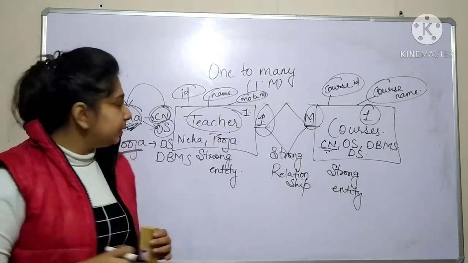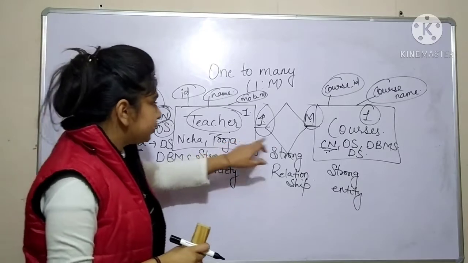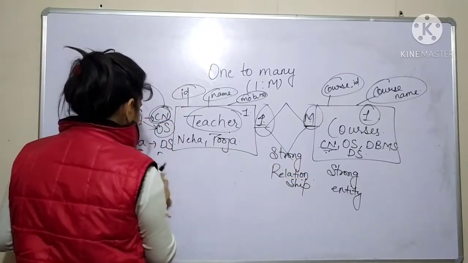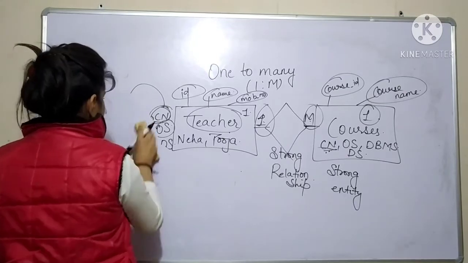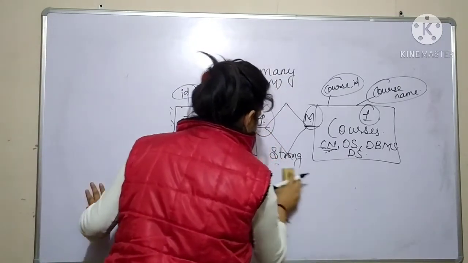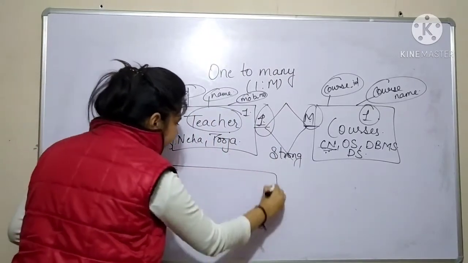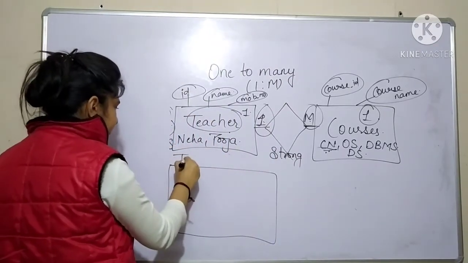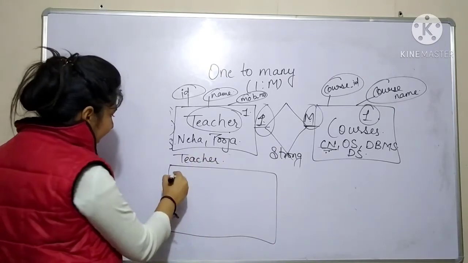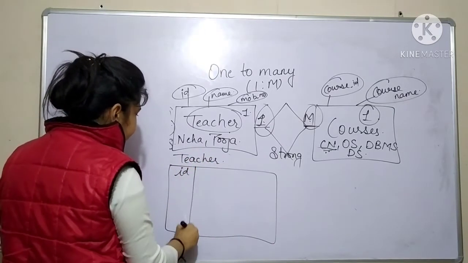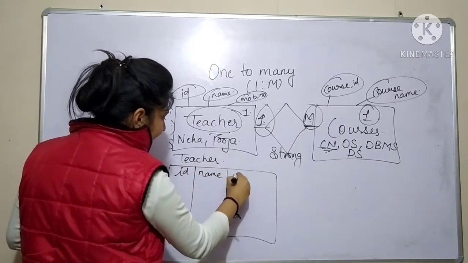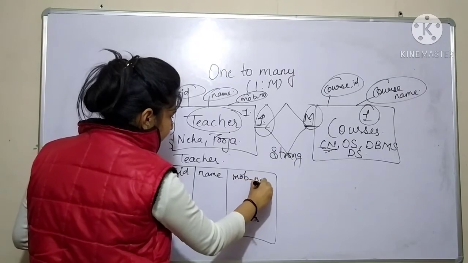Now I am going to convert these two entities into tables. We have a teacher entity, and the attributes are ID, name, and mobile number.